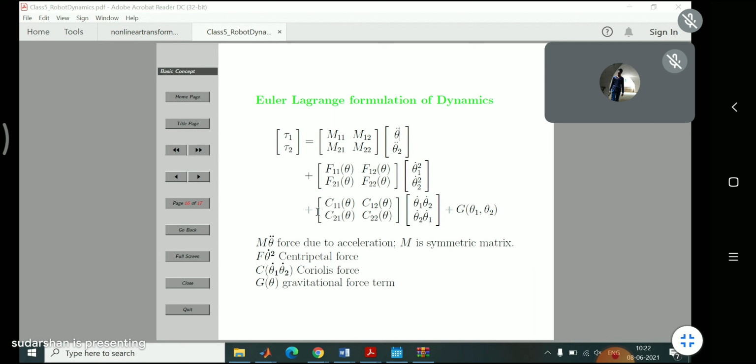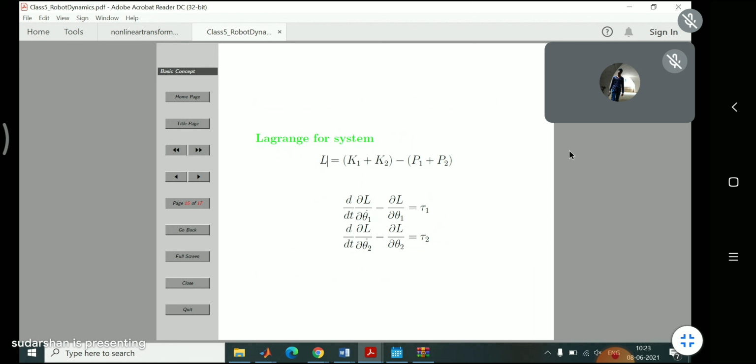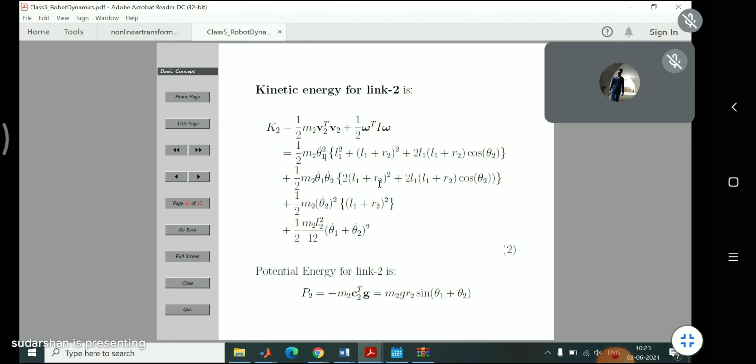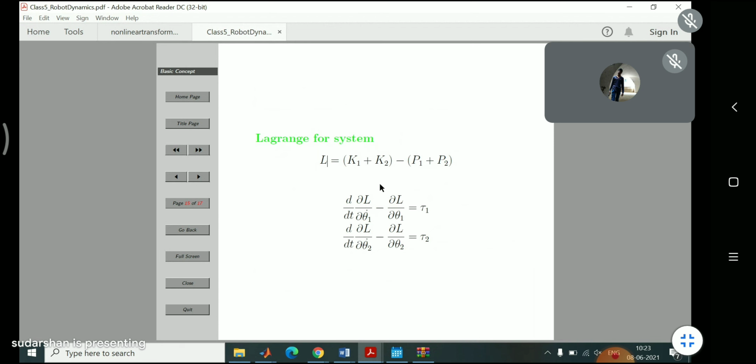So I'll leave this as an exercise for you and obtain in this particular format. So you will have these two equations. You take the derivative of the Lagrangian that we have obtained here. K1, K2, P1, P2 we have obtained.